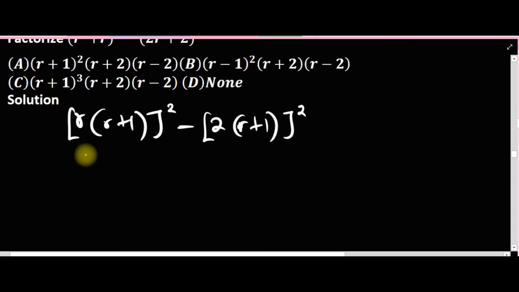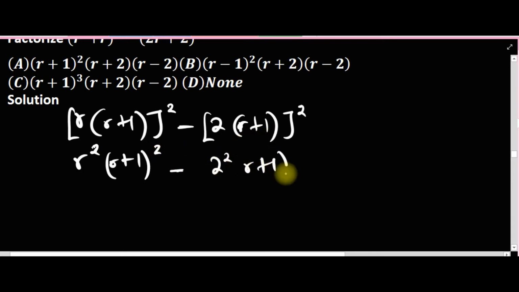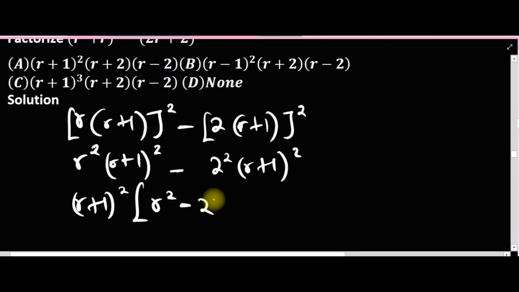So we know we can assign this as r squared, laws of indices, r plus 1 squared. Also, we can assign this as 2 squared, r plus 1 squared. And what is common here? We have r plus 1 all squared. We are left with r squared here and minus 2 squared.